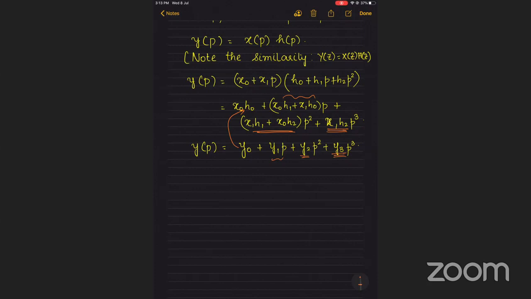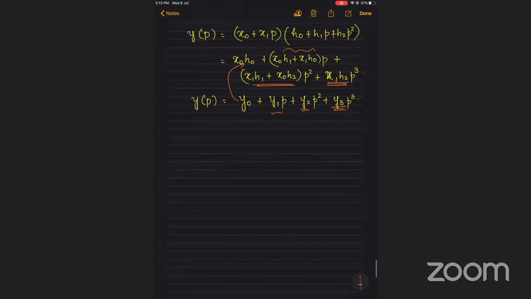Those will give my coefficients. But I still do not know how to compute these coefficients. The idea itself is to make this computation faster. So we take the help of Lagrange's interpolation for this.